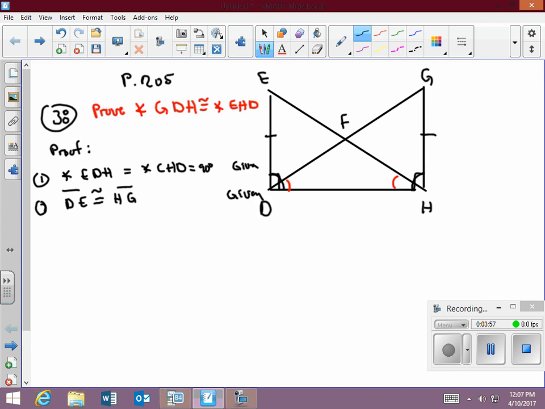So what's going to be the strategy to show the two red angles are congruent? Can you say line DE is congruent to HG? So what's going to be your strategy?